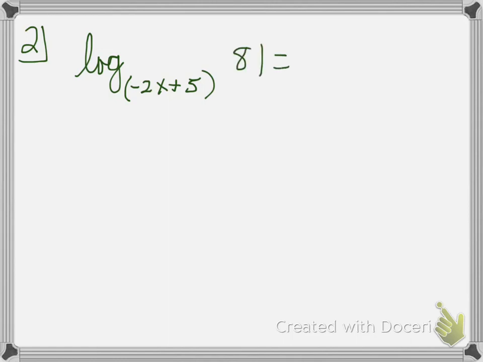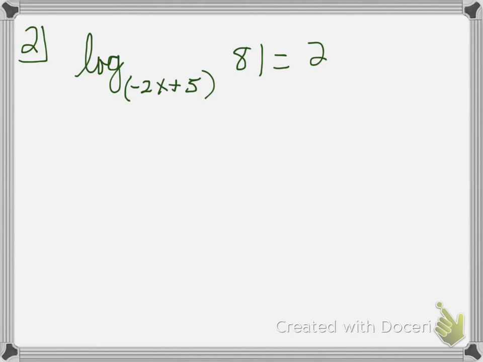Here we are working on the log worksheet from November 30th, and we'll start with number 2. Number 2 says that we have log base negative 2x plus 5 of 81 equals 2. Remember, to get rid of logarithms, we want to write this as an exponent.